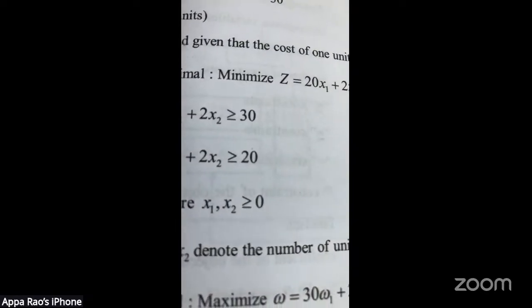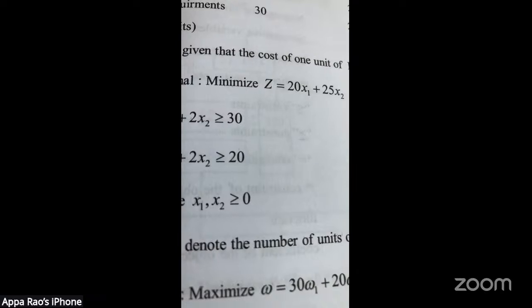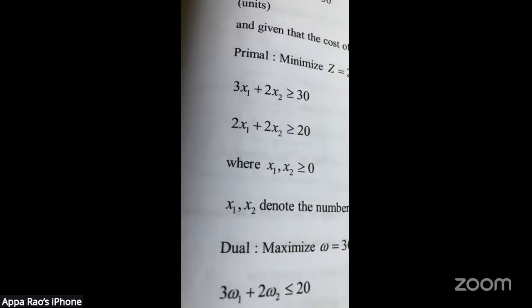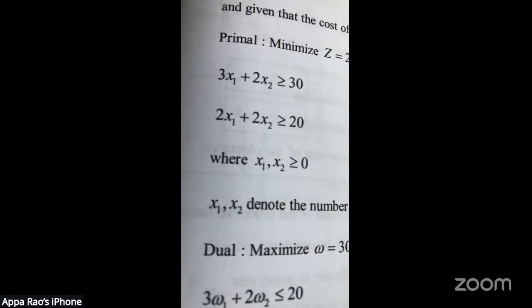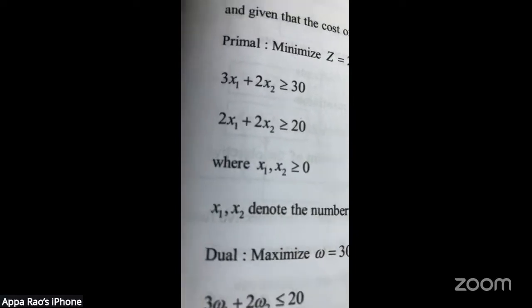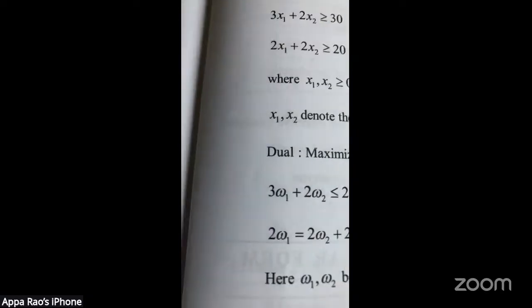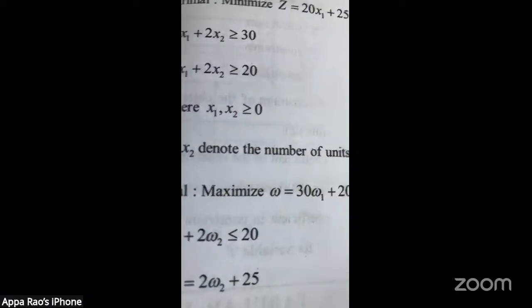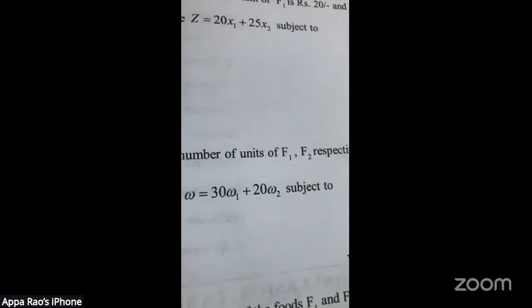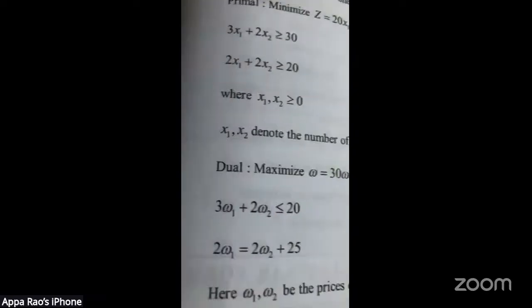Primal: minimize Z equal to 20x1 plus 25x2, subject to 3x1 plus 2x2 greater than or equal to 30, 2x1 plus 2x2 greater than or equal to 20, where x1, x2 greater than or equal to 0. x1 and x2 denote the number of units of food 1 and food 2, F1 and F2 respectively.